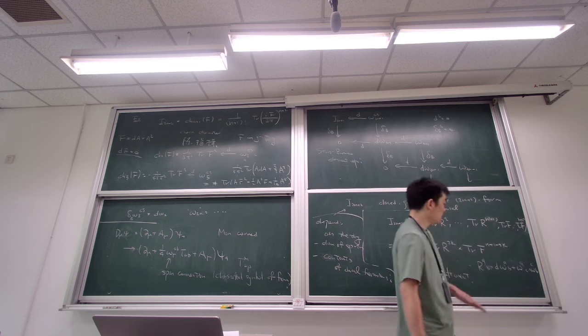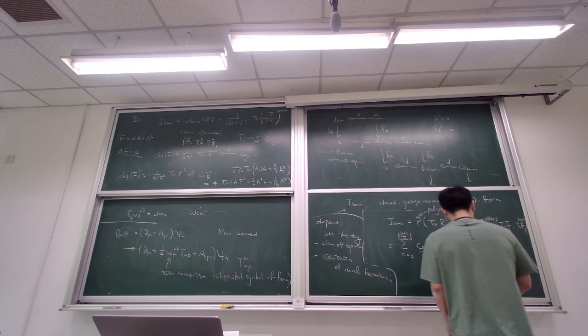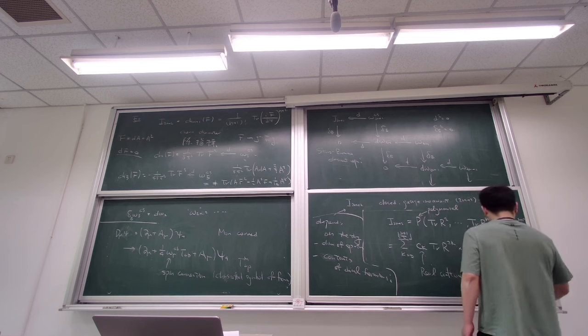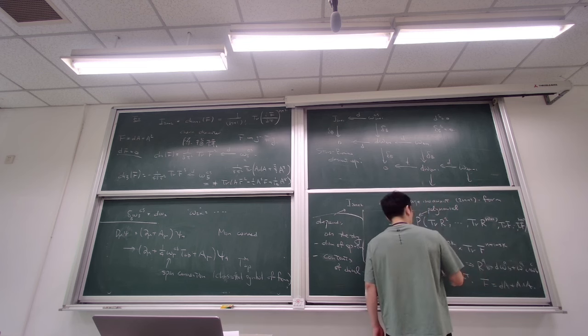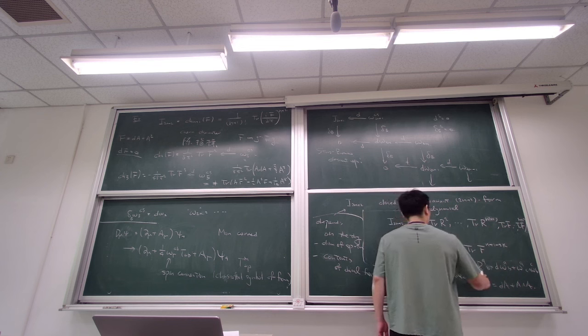So this is the curvature of the spin connection, essentially a Riemannian curvature. And F is, as you know, dA plus A wedge A, the field strength.